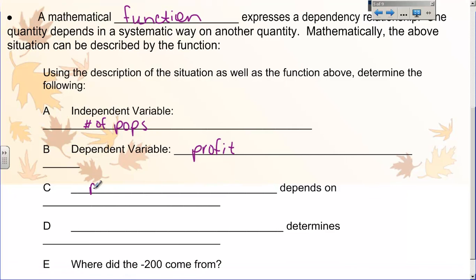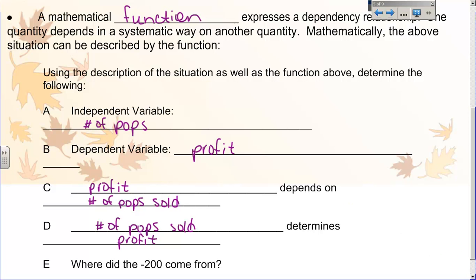So here's how you're going to put it. Profit depends on the number of pops sold. And so the number of pops sold determines the profit. So you see this could be put either way.